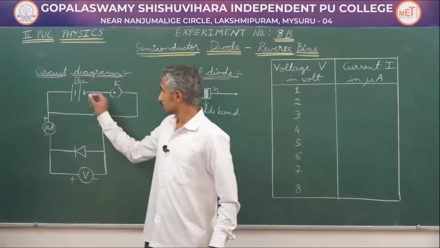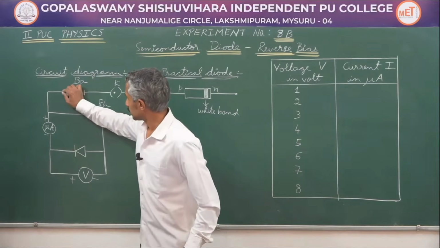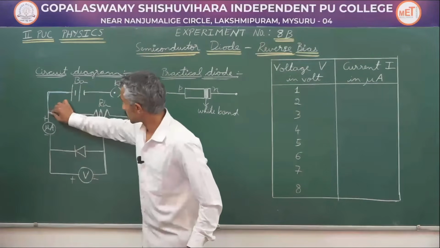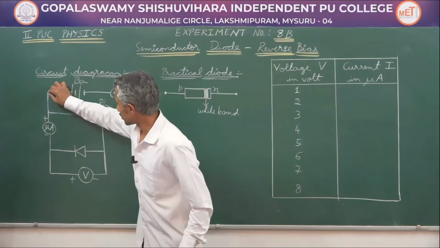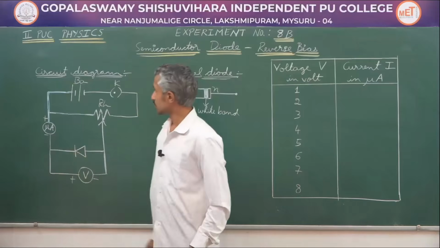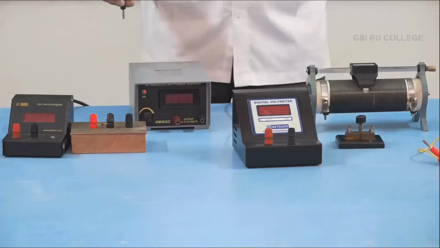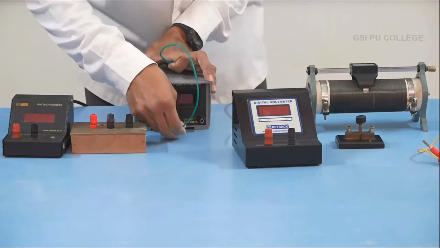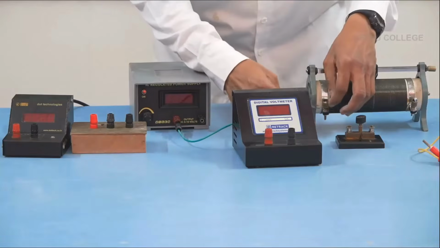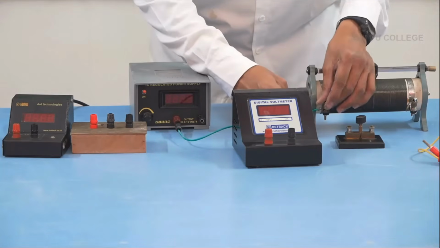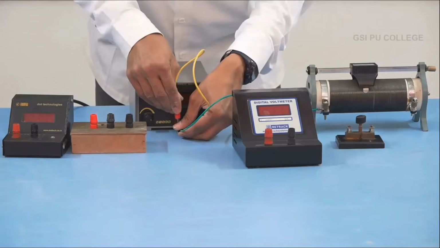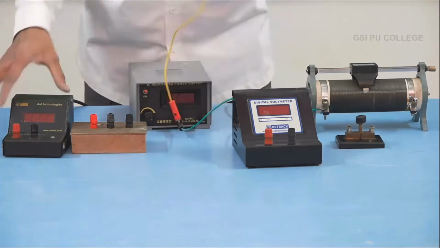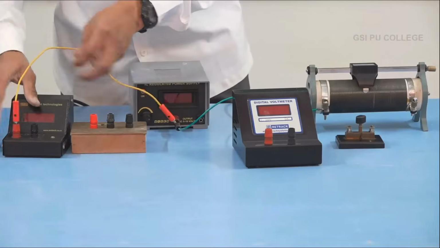In the circuit today, the battery is connected to one end of the rheostat, and the same battery positive also goes to positive of ammeter. Let us do the connection. I will be connecting from battery positive to one end of the rheostat, also from the same positive terminal of the battery to positive of ammeter.